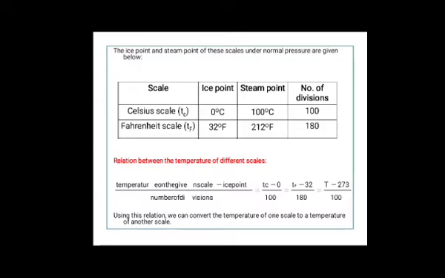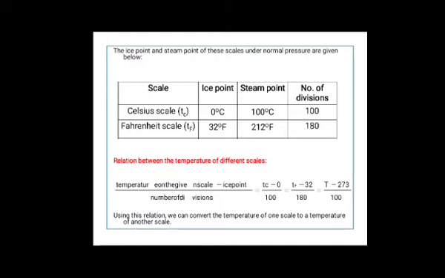So the difference between ice point and steam point is nothing but the number of divisions. So here it is 100 minus 0, so you will get number of divisions 100. In case of Fahrenheit scale, ice point is 32 degree Fahrenheit, then steam point is 212 degree Fahrenheit. So the difference between these two, the number of divisions, is 180.